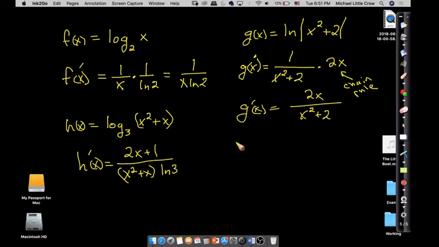So literally it is 1 over x squared plus x. That's the derivative of the outside function. The derivative of the inside function is 2x plus 1. Chain rule. And we just put it all together. So it looks like one thing.